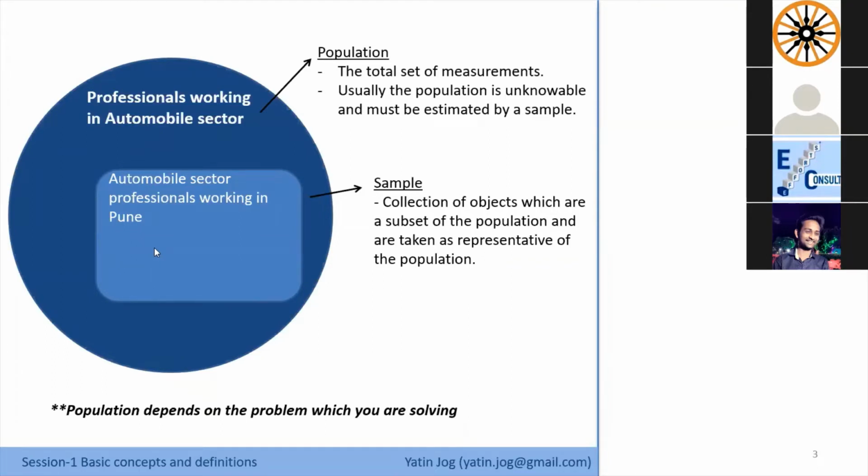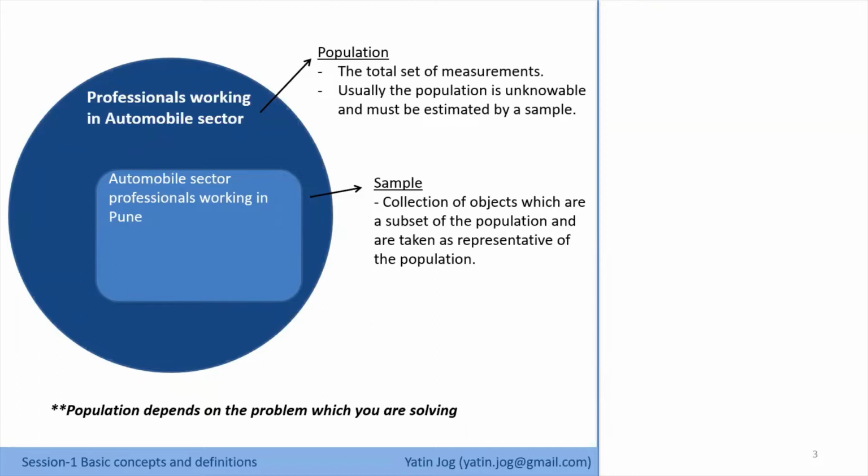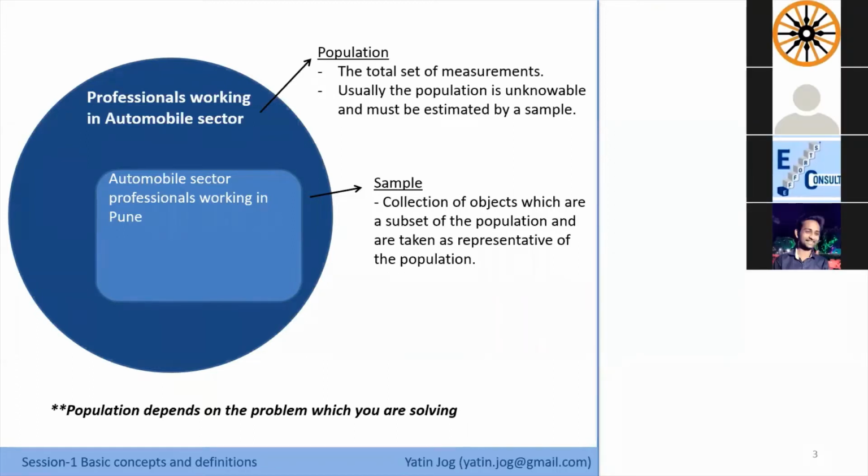So my population will now be 50 to 60,000, or I can say that will be my sample for the global population. But still I need to take a smaller sample because I cannot go to 50, 60,000 data points and collect information from them. We'll see that process in further slides, but we need to restrict ourselves by always adding some constraints to the problem definition. So that is the relationship between population and sample.